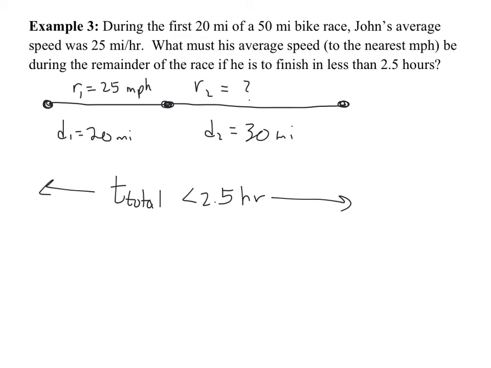D = RT. Once you know this time, you know how much time is left for this part of the trip, if this is the total available time.